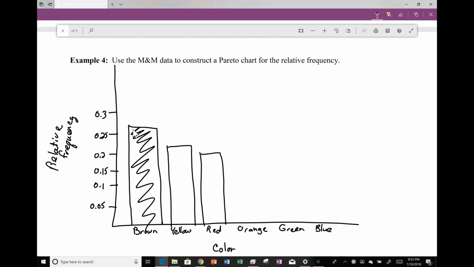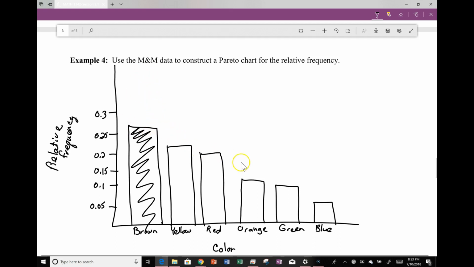Orange was at a 0.133, so that's somewhere approximately here. Green was at a 0.11, which is just slightly below that. And blue was at a 0.067, so we're down here.